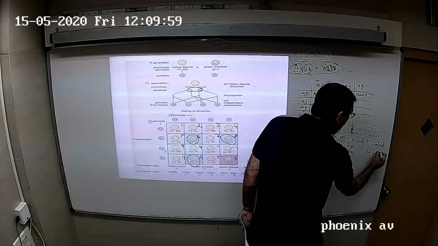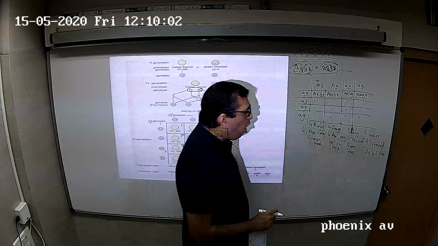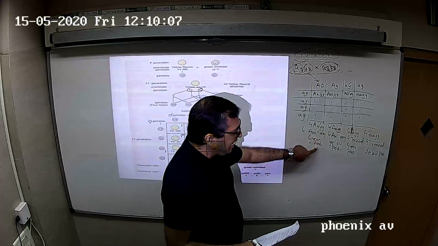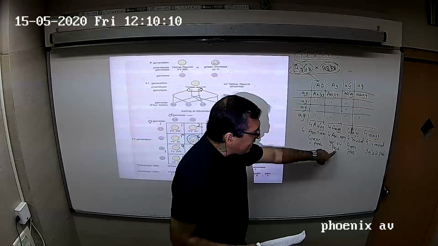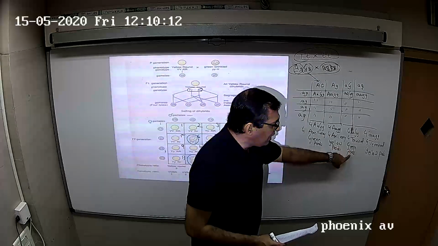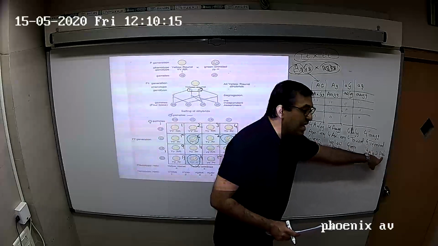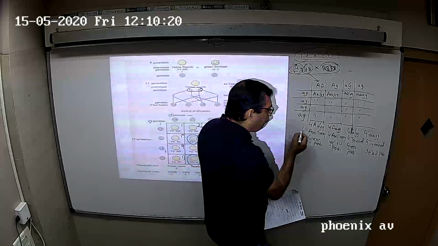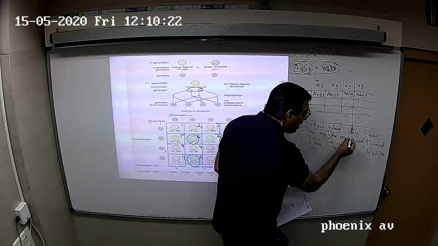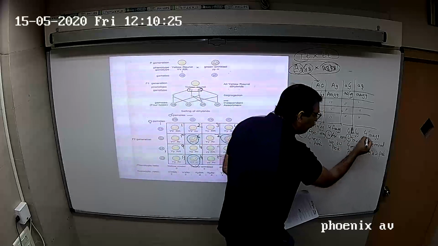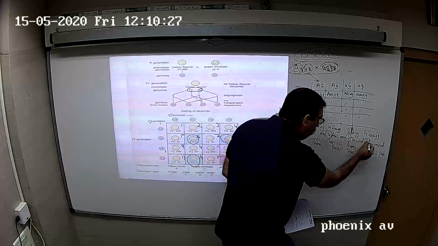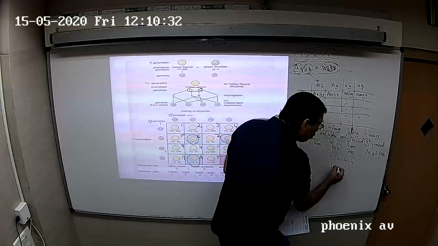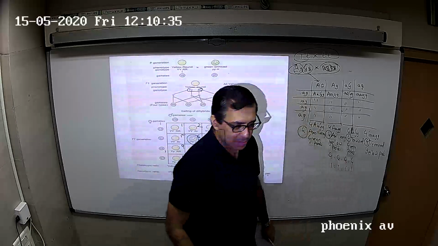So what is the phenotypic ratio we got? 4 axillary with green pods, 4 axillary with yellow pods, 4 terminal with green pods, 4 terminal with yellow pods. So the ratio is 4 is to 4 is to 4 is to 4, which is the same as 1 is to 1 is to 1 is to 1.